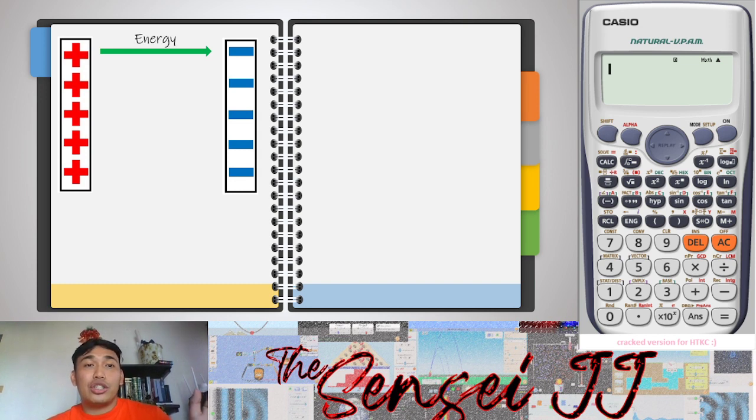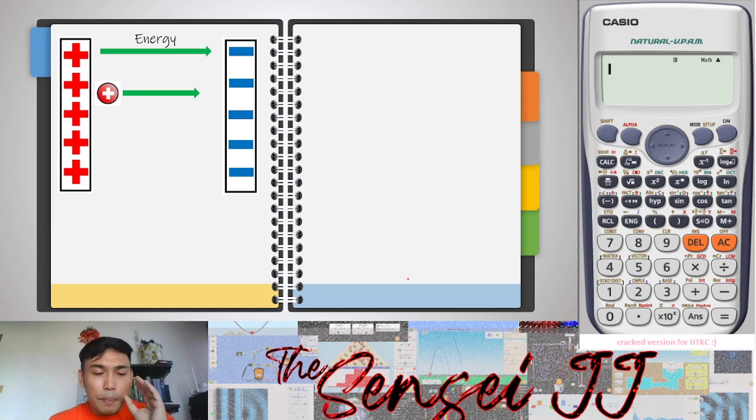And that is the direction of the energy given by the positive plate. Okay, so with this, kung meron tayong positive and negative plates, meron tayong charges. So gamitin natin yung positive charge as example. So if it is positive charge, where will the direction be? It will go to our negative plate. Why?